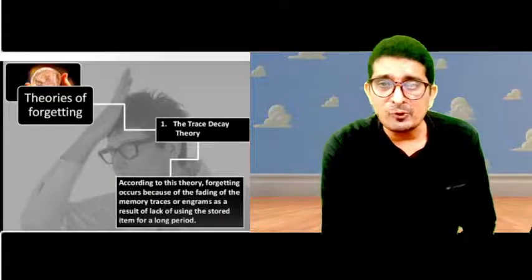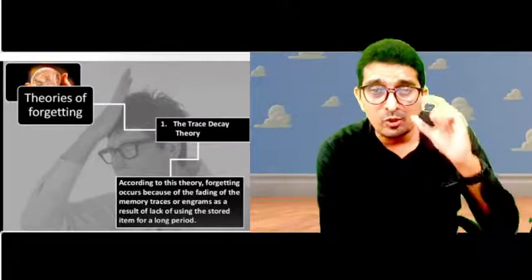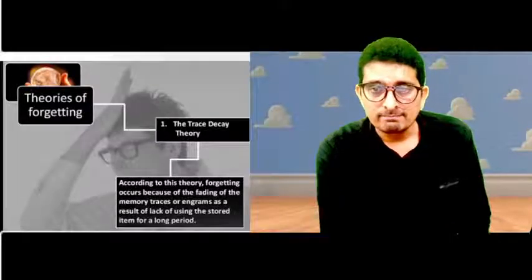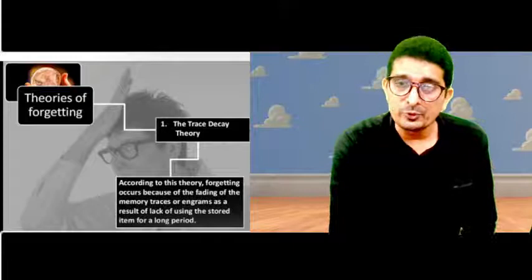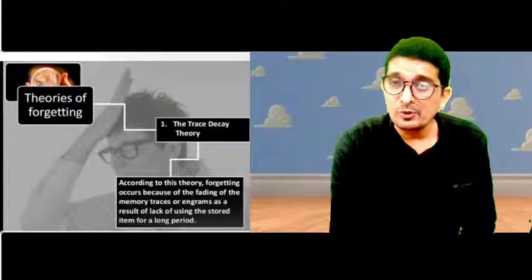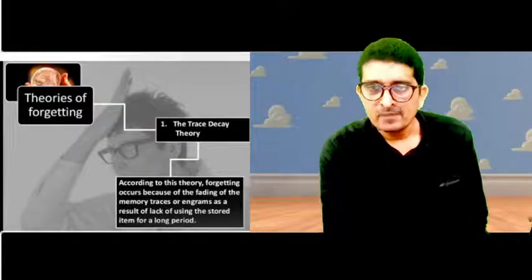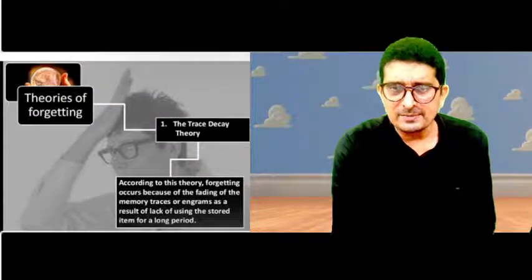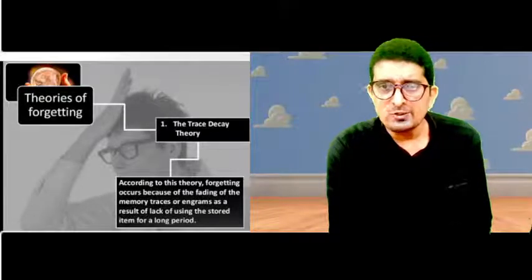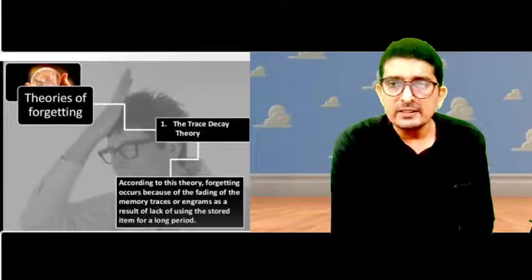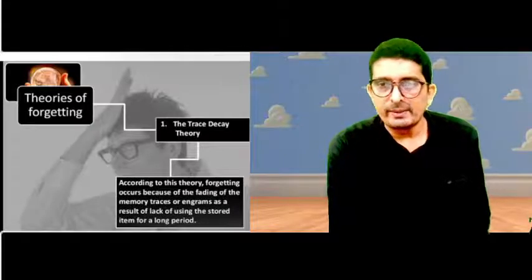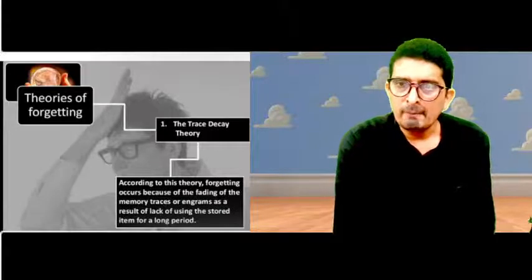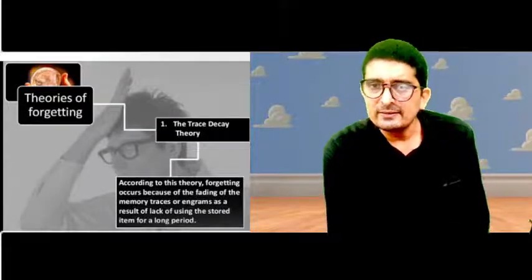According to this theory, forgetting occurs because of the fading of the memory traces or engraves as a result of lack of using the stored item for a long period. Some people see the stored items as traces or engraves. If we are using some instruments, they will fade. We can see that the color is fading.